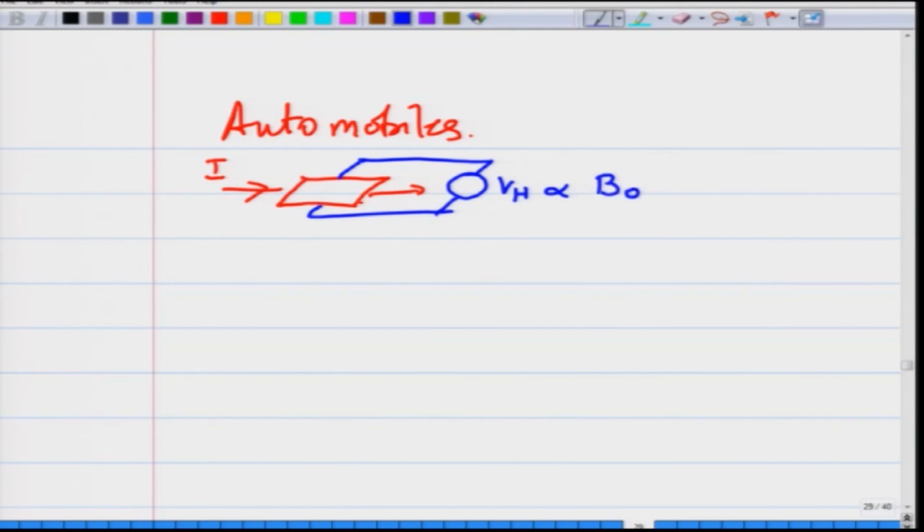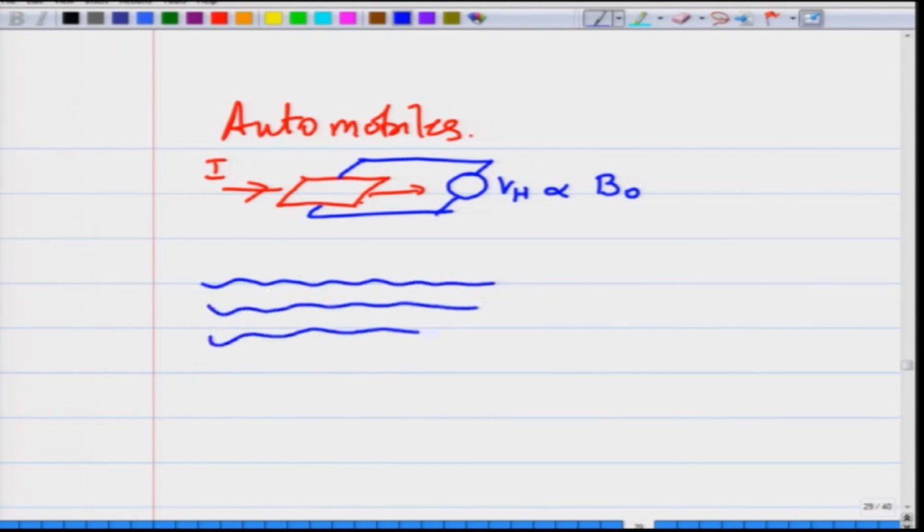And where is the magnetic field B naught coming from? This is the level of the fuel, and just above the fuel you are suspending a magnet, which has a north pole and a south pole.